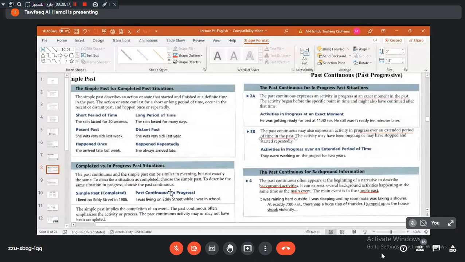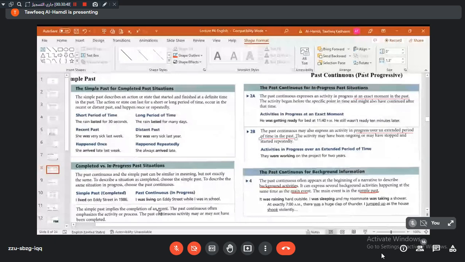The simple past implies the completion of an event. So when I'm using the simple past, I should keep in mind that I'm talking about the completion of an event. The past continuous often emphasizes the activity or process.